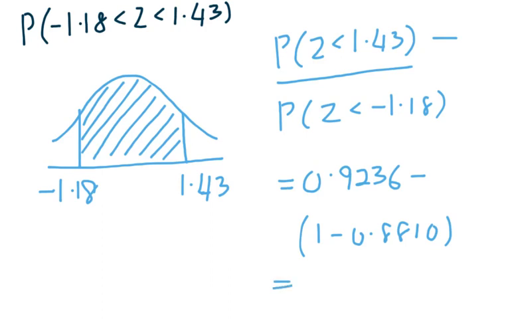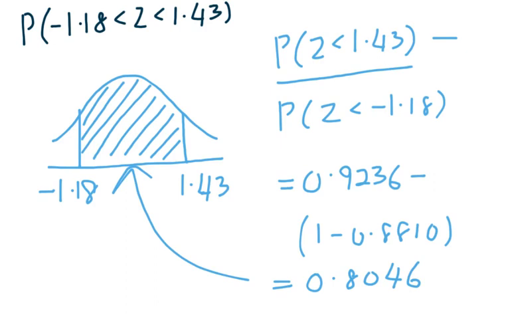So now we can calculate the probability. We have 0.9236 minus, in brackets, 1 minus 0.8810. So we will have the probability 0.8046. So that is the probability for this shaded area.